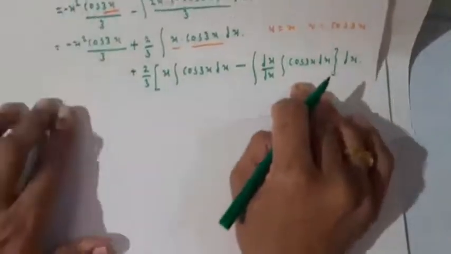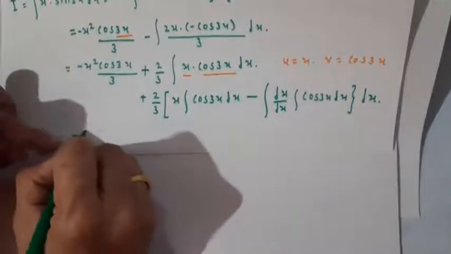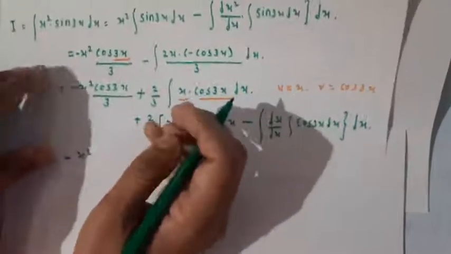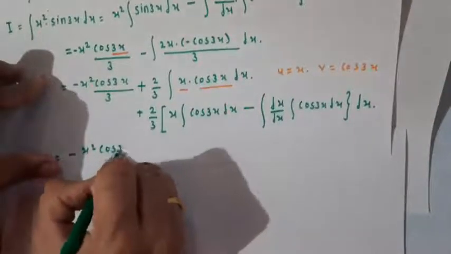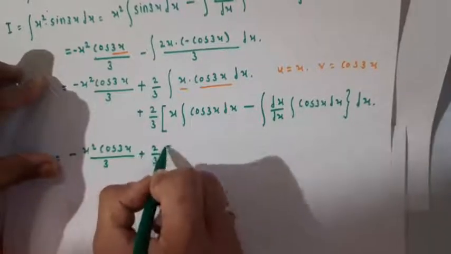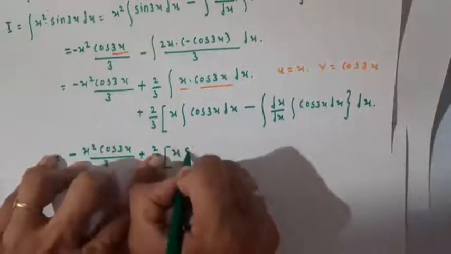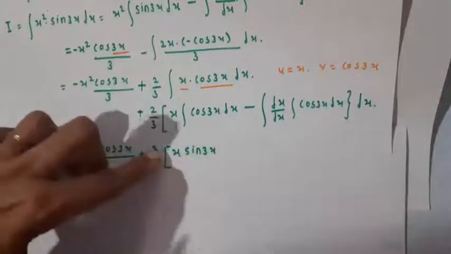Now this is equal to minus x square cos of 3x upon 3 as it is, plus 2 by 3 as it is, x integration of cos of 3x is sin of 3x, but this 3x is again a differentiable function.